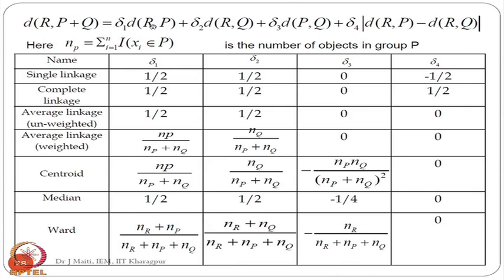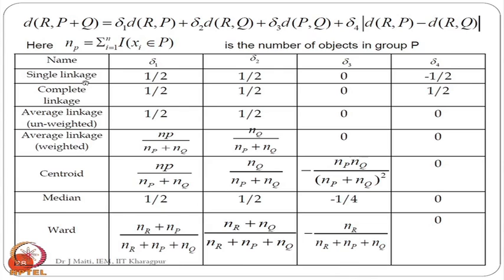By choosing appropriate delta 1, delta 2, delta 3 and delta 4 values, you will be able to apply any of the joining algorithms we have discussed so far.